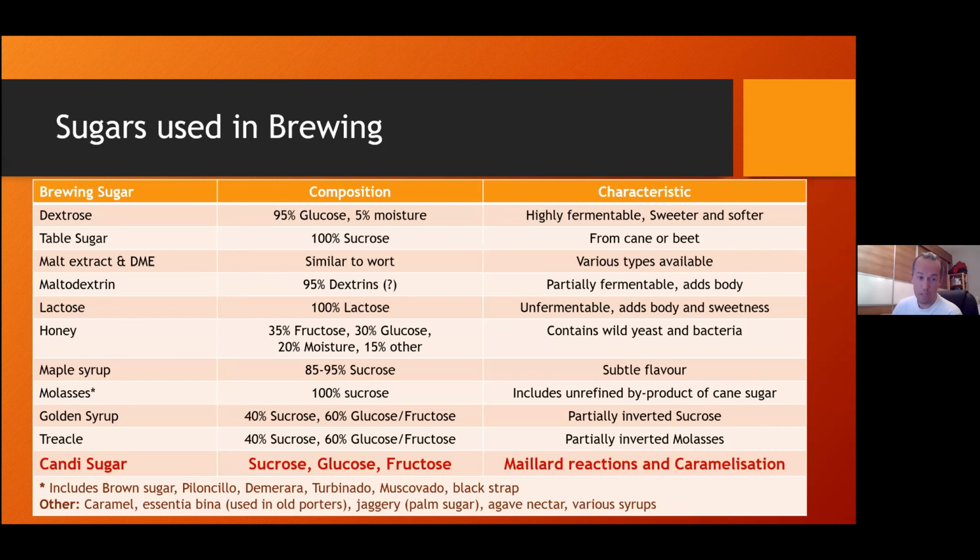Golden syrup and treacle are interesting in that they're partially inverted sucrose. Inversion is the process of breaking sucrose down into glucose and fructose. So it's partially inverted, giving a mixture of sucrose, glucose and fructose. Treacle is exactly the same thing, except you're doing it with molasses, so that's why it's black.